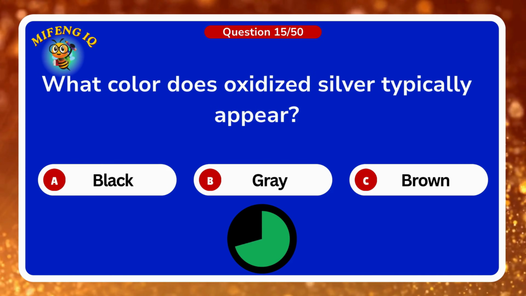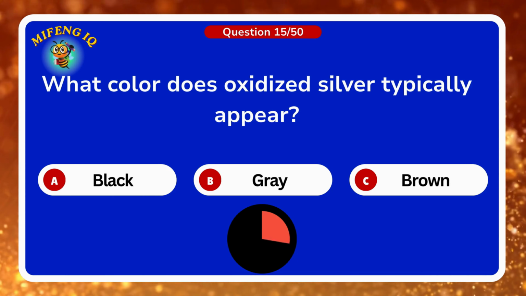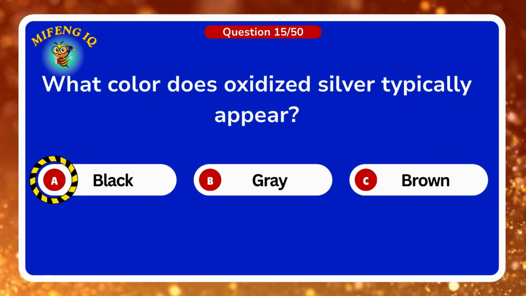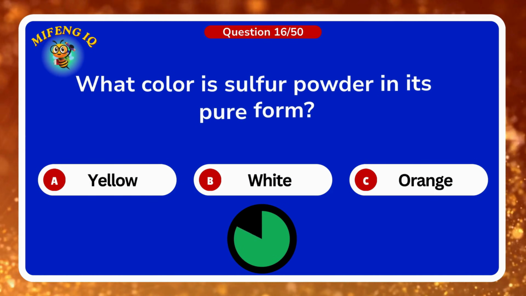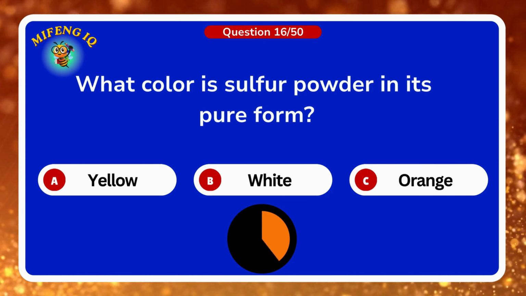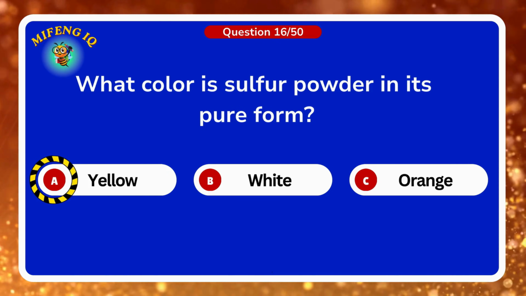Oxidized silver typically appears in which color? Black. Sulfur powder in its pure form. Yellow.